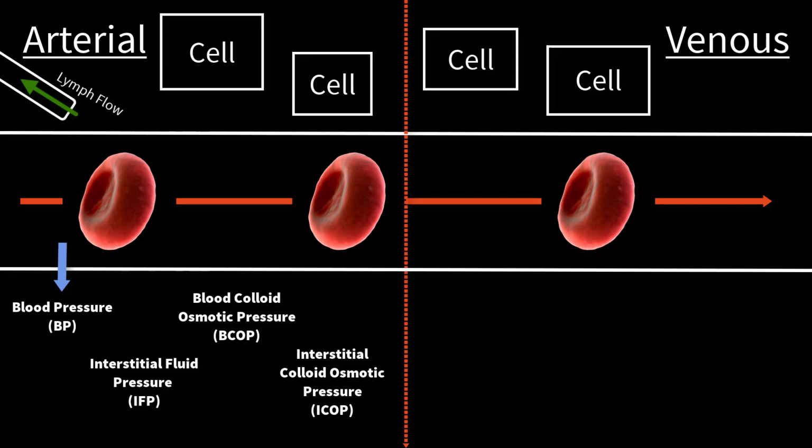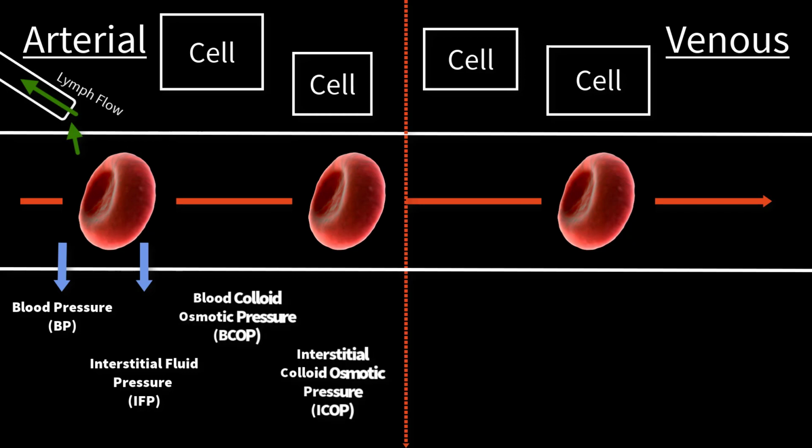And the lymph suction is actually so strong that it even pulls some fluid from the capillary itself. Consequently, instead of interstitial fluid pressure, or IFP, pushing into the blood vessel, the suction from the lymph turns IFP into a force that sucks fluid out of the blood vessel. Again, it's a vacuum.